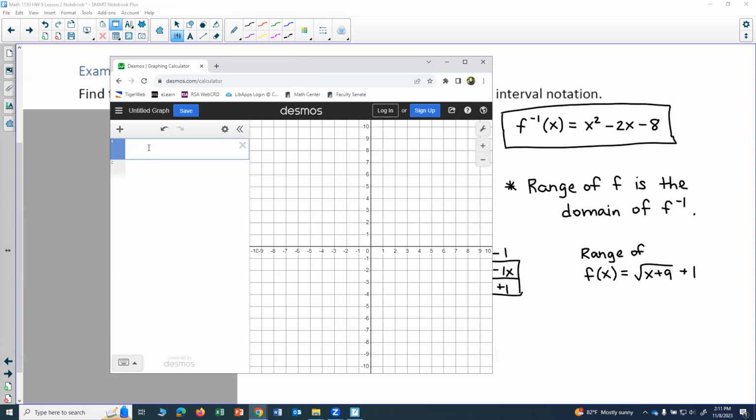So I'm going to put in y equals square root of (x plus 9) plus 1. And you can see in the graph that the lowest y value is a positive 1, and the graph goes upward continuously forever. So the range of f of x is going to be 1 to infinity.